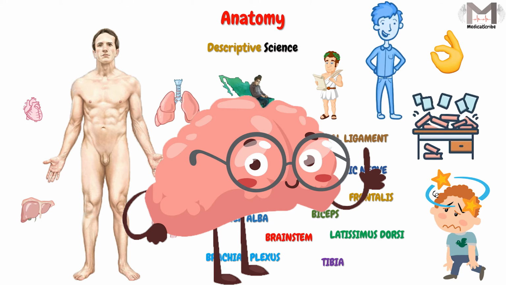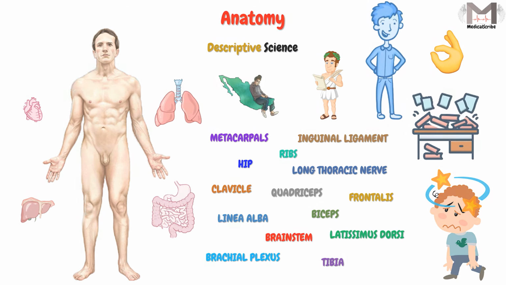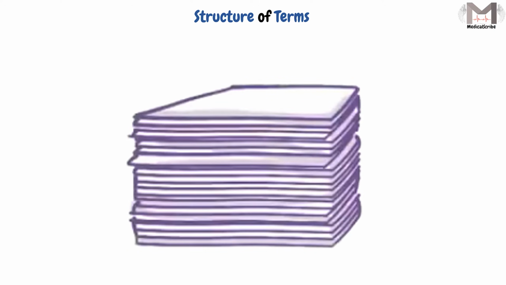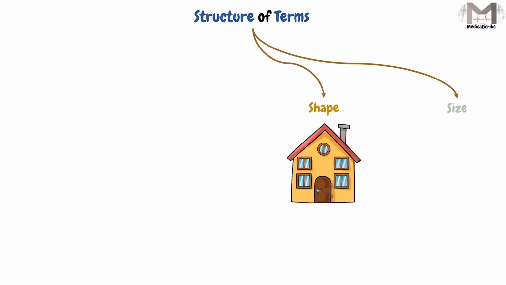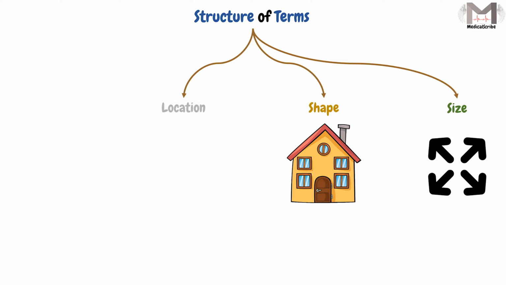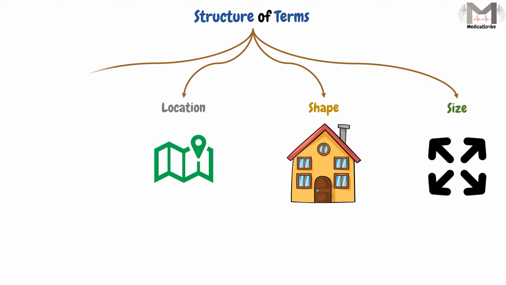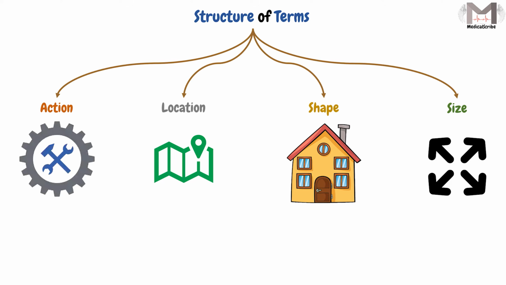Alright? Look, most of the anatomical terms and the structures' names provide us information and clarify the structure itself. That means these terms either clarify the shape of the structure or its size, or give us an idea about its location, or enable us to know the action of this structure.